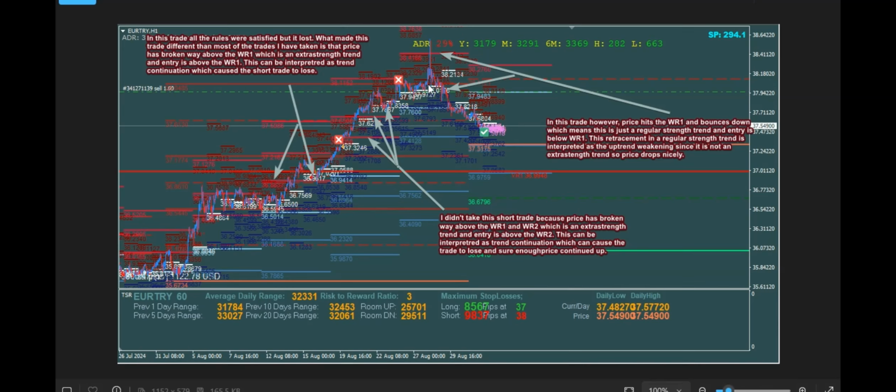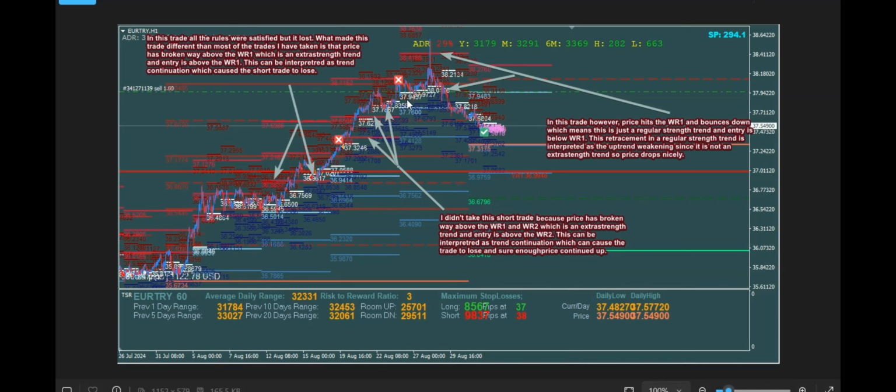So I feel like the strongest trade that we have is when price is in a regular strength trend and it hits the weekly R1 and retraces, and value is found below the daily middle pivot at or around the yearly pivots and the monthly pivots above the monthly R1.